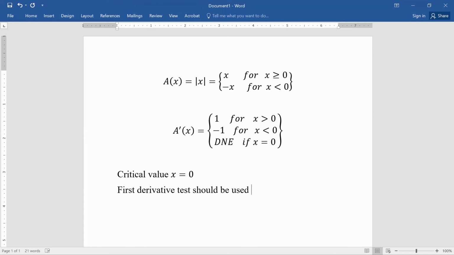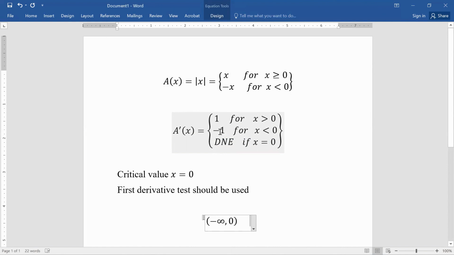But knowing the fact that this is a sharp corner and knowing the fact that this is a continuous function, I can still think from -infinity up to 0.